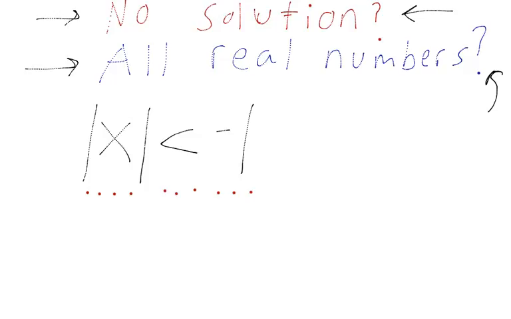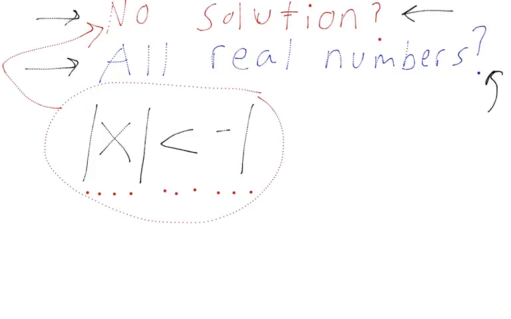Well, the answer to this question is no. Your distance can't be negative. So if I see something like this, that means right up here in red, no solution. If you got this in your algebra work and you're left with the absolute value of x is less than -1, that would be no solution.